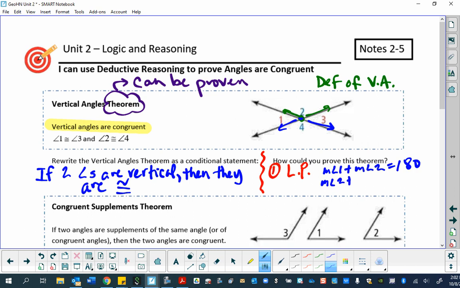Measure of angle 2 plus the measure of angle 3 is equal to 180 degrees. How do I know that's true? They're a linear pair. All linear pairs are supplementary. Angles that are supplementary add to 180 degrees.